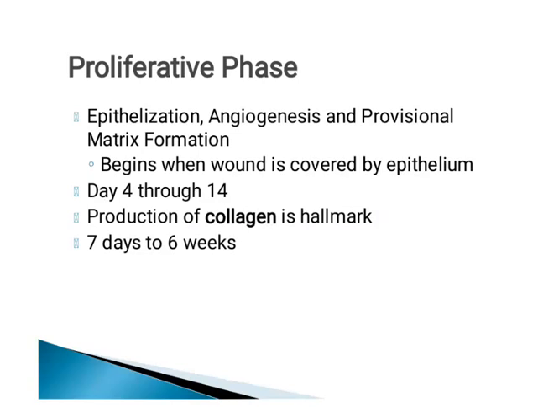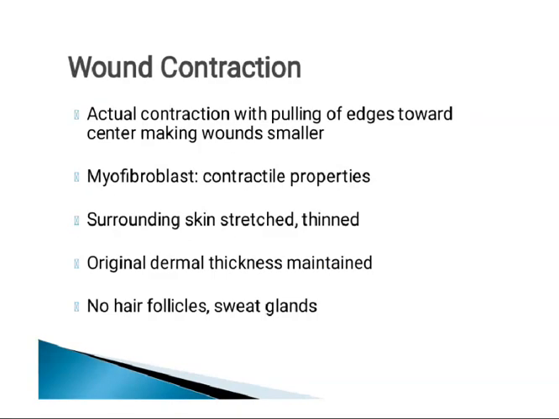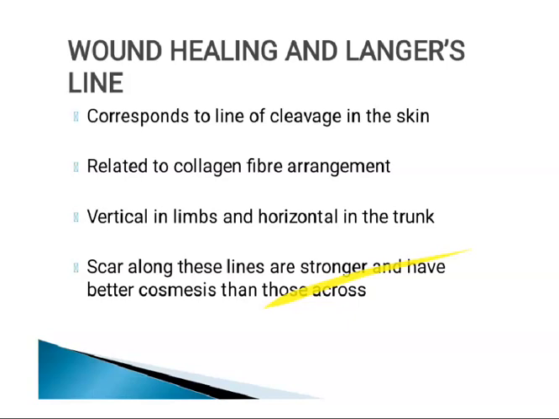The production of collagen is a hallmark, days 7 to 6 weeks. Then wound contraction, the actual pulling of the edges towards the center, making the wound smaller. Myofibroblasts have contractile properties, so surrounding skin is stretched and thinned, and original dermal thickness is maintained, but no hair follicles or sweat glands are formed.